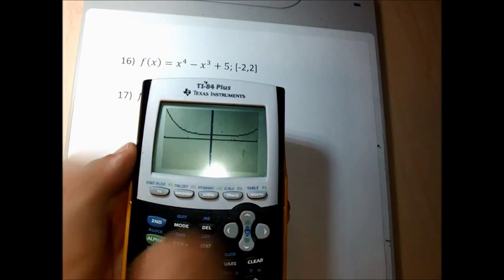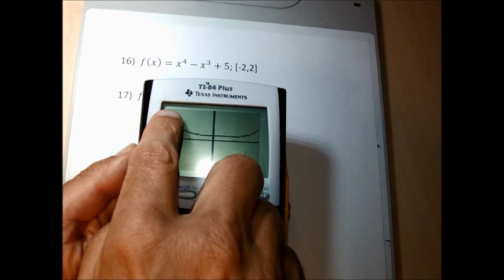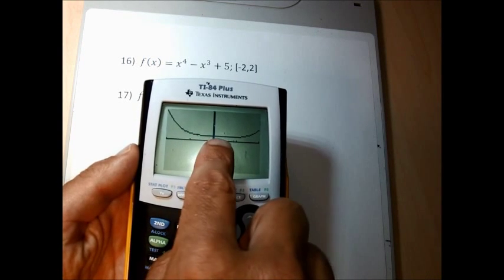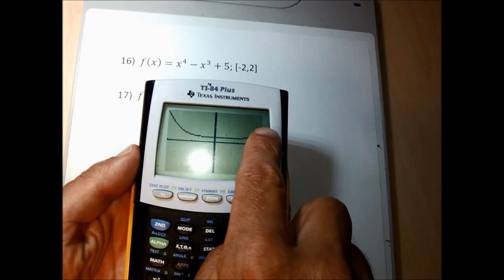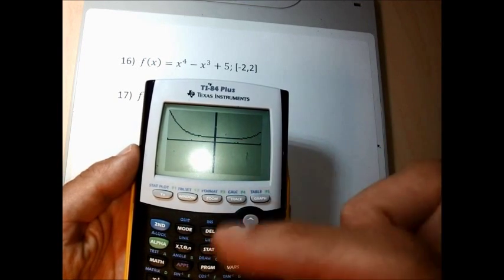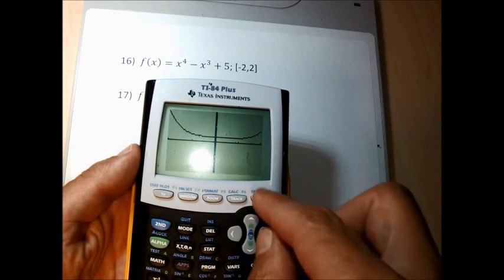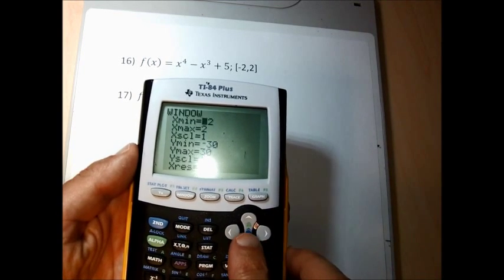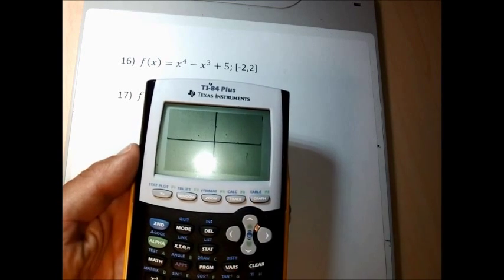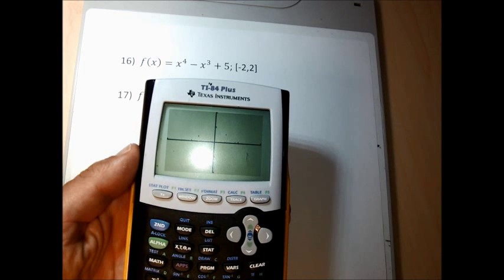It looks to me like that y value is the absolute maximum y value. Somewhere in here there's an absolute minimum y value, and that's a nothing point. In order to see in 16 what's going on here, I have to really crunch the window. If I crunch the window to be my y's like between negative 2 and 2, I'll see better what's going on in the middle of this graph.